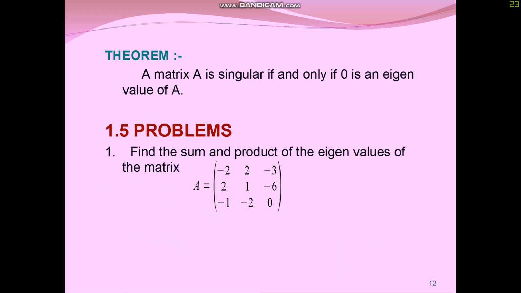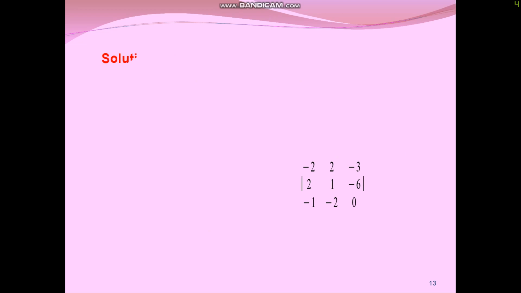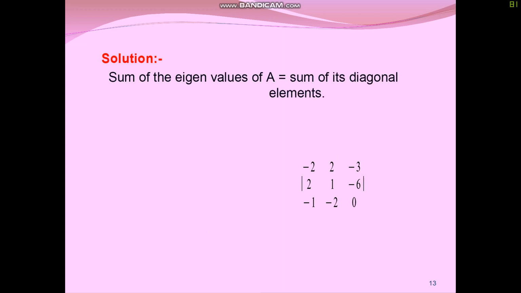Problems. Find the sum and product of the eigenvalues of the given matrix A without finding any eigenvalue. Sum of the eigenvalues of A equal to the sum of the diagonal elements: minus 2 plus 1 plus 0, that is minus 1.